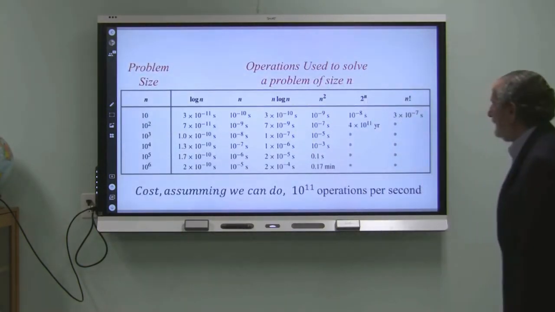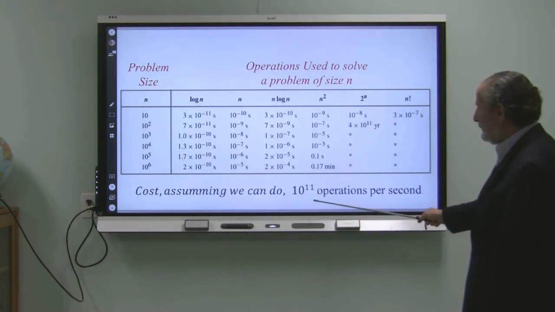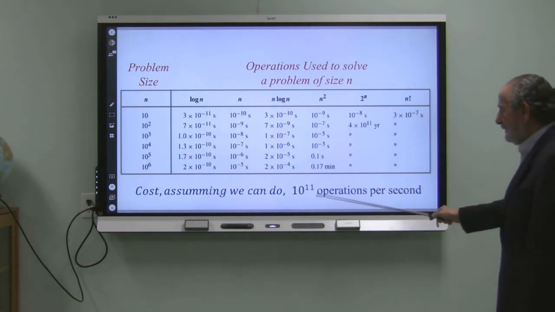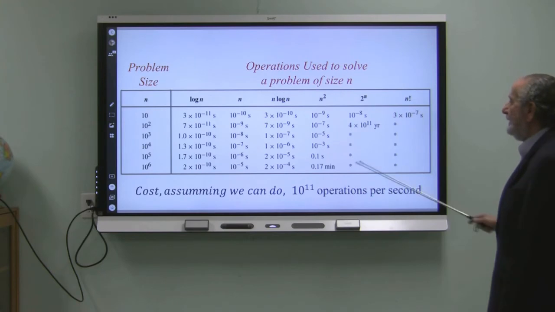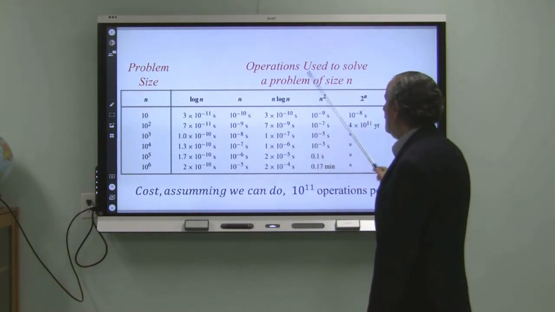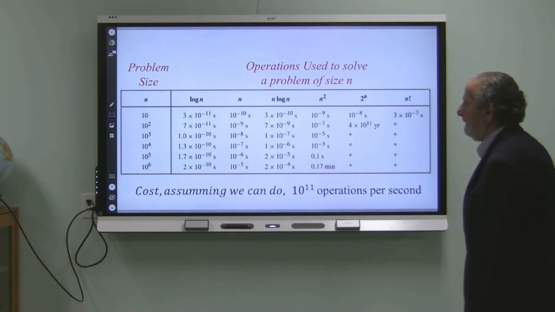Now, this is an interesting example. We're going to assume that the machine does 10 to the power 11 operations per second. Now, I have log n, n log n, n squared, 2 to the power n, and factorial n.